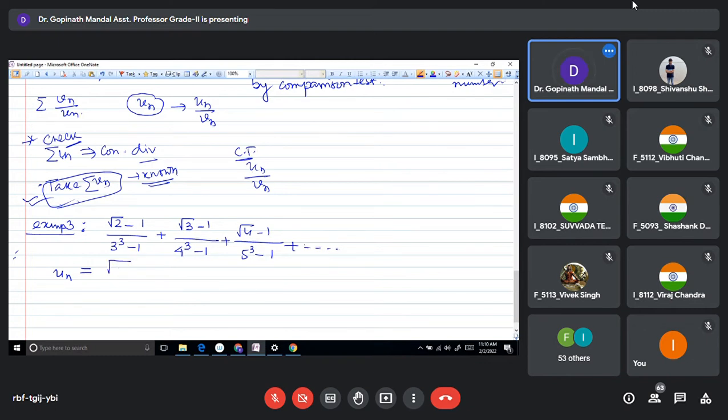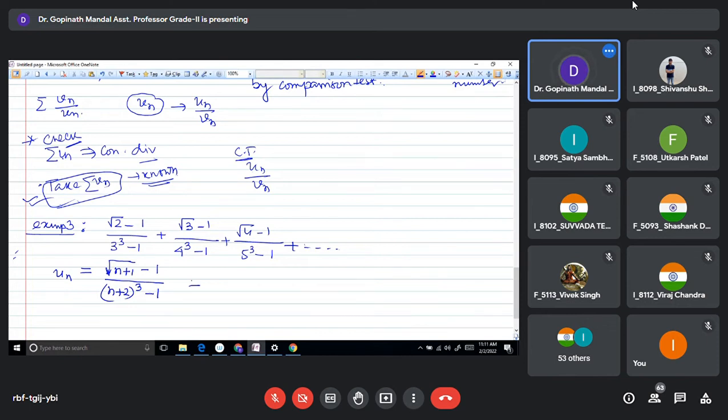Root of n plus 1 minus 1 by n plus 2 cube minus 1.